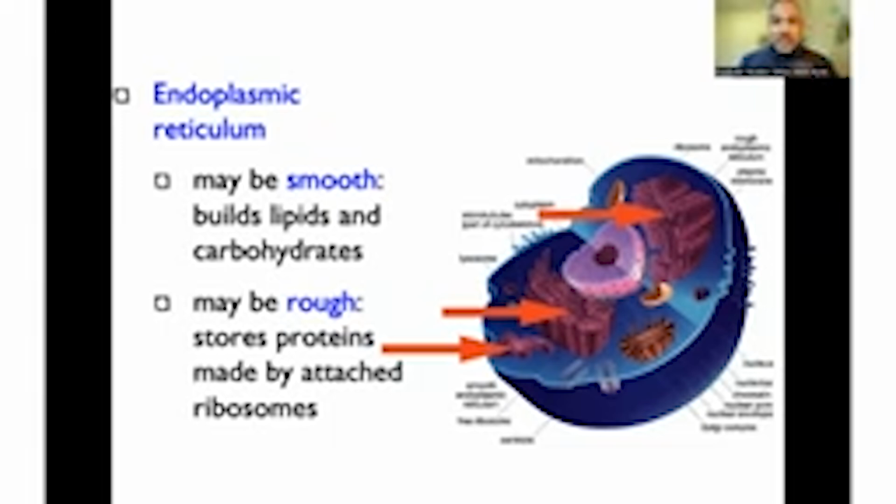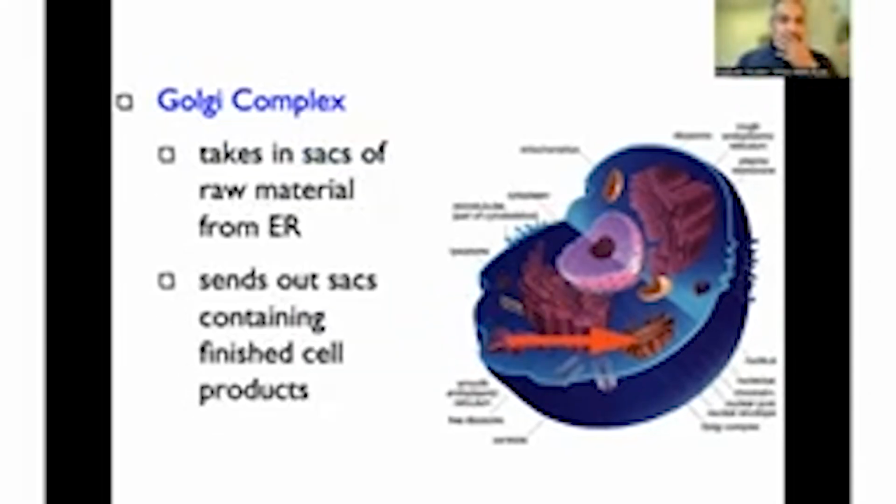And the endoplasmic reticulum again is a network of membranes that talks to the nucleus, has two versions, smooth and rough, and we will come to both of them. The presence of the ribosomes on the rough endoplasmic reticulum is what allows for protein synthesis to take place, right? We have the Golgi complex, which is again a network of membranes present inside the cell, which we will discover works as a packaging and processing center inside the cell, right?